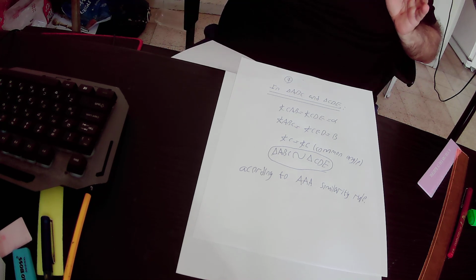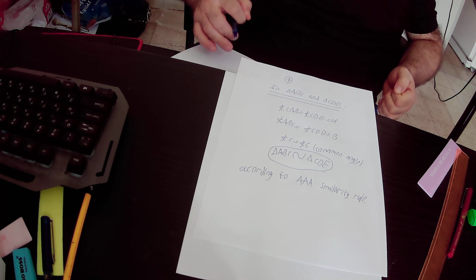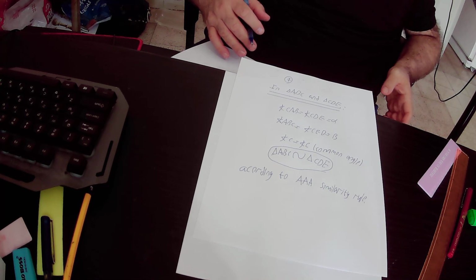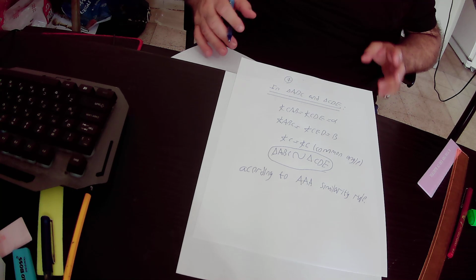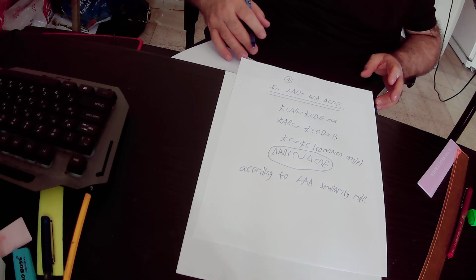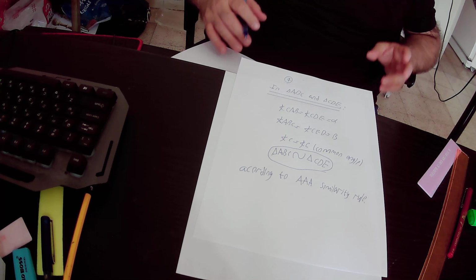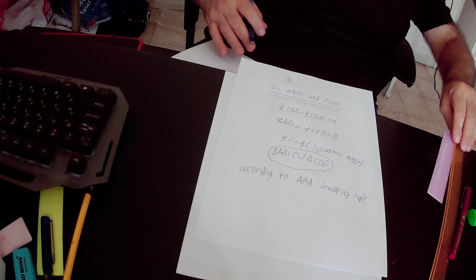So what is the angle similarity rule? If you prove that three angles of one triangle are equal to three angles of another triangle, then those two triangles are similar to each other according to the angle similarity rule.